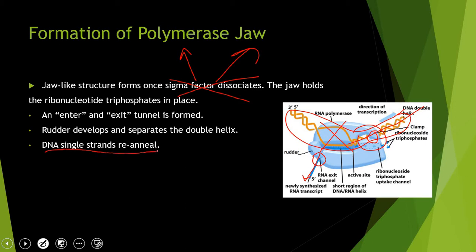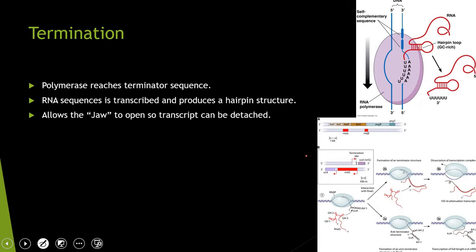DNA single strands reanneal. Okay, so we have initiation, formation of the jaw, and this transcript is being created. Okay. Now we have something called termination. So the previous step was elongation, where the RNA is being created in that exit channel or tunnel.